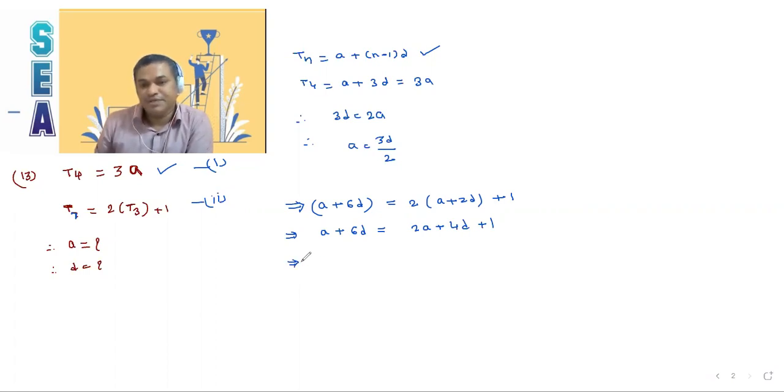So what will our equation be? a minus 2d is equal to minus 1. Yes or no? Look, what I did is I took this a here and 6d here, so a minus 2d is equal to minus 1 came on this side. Okay.